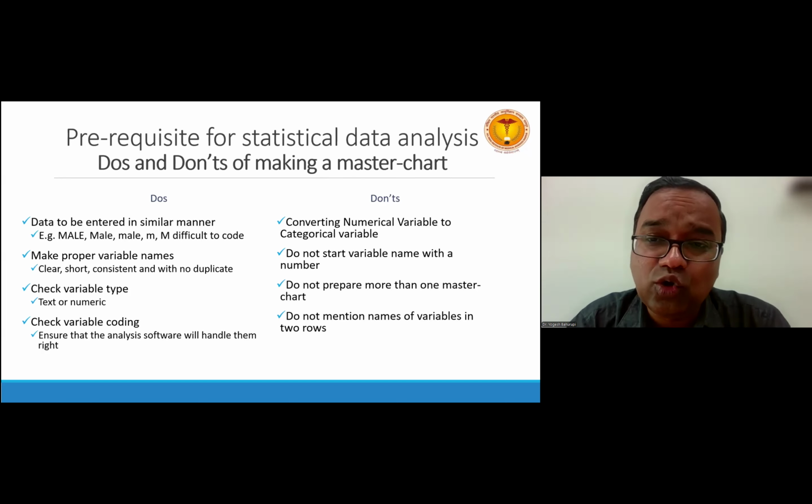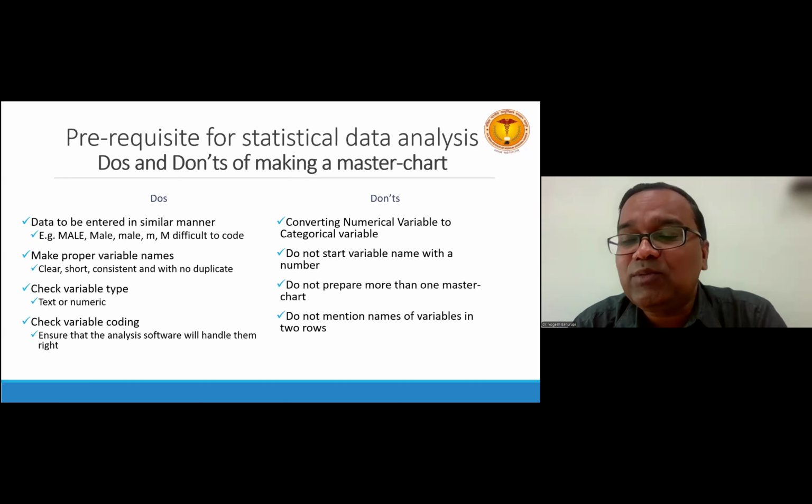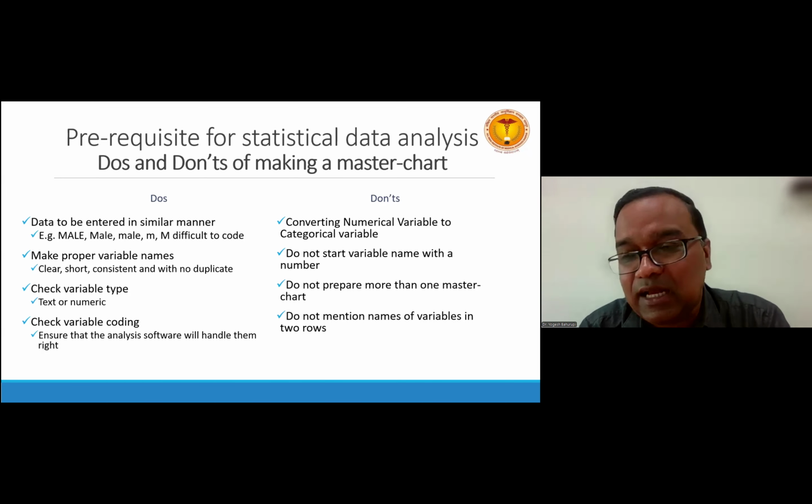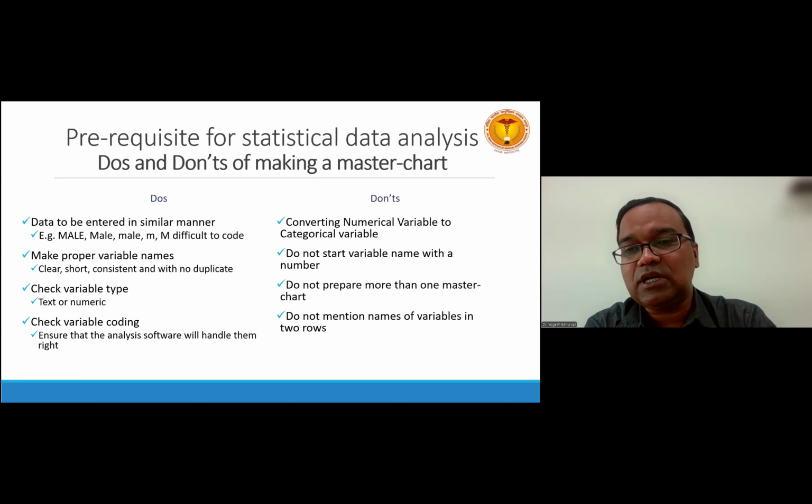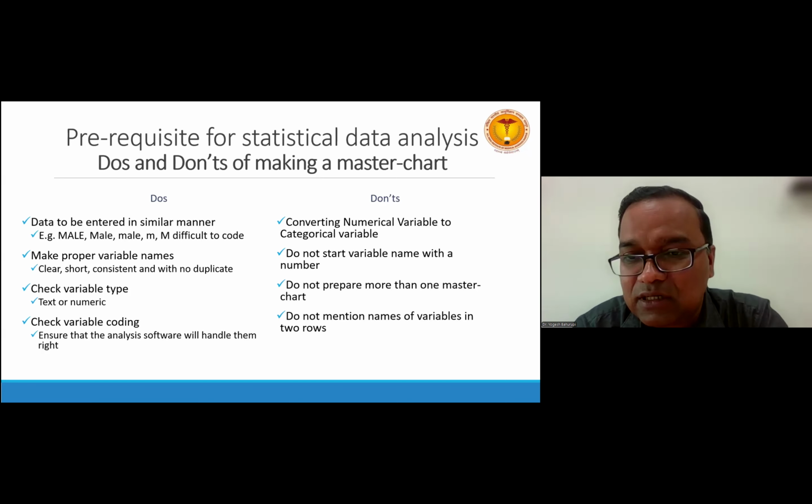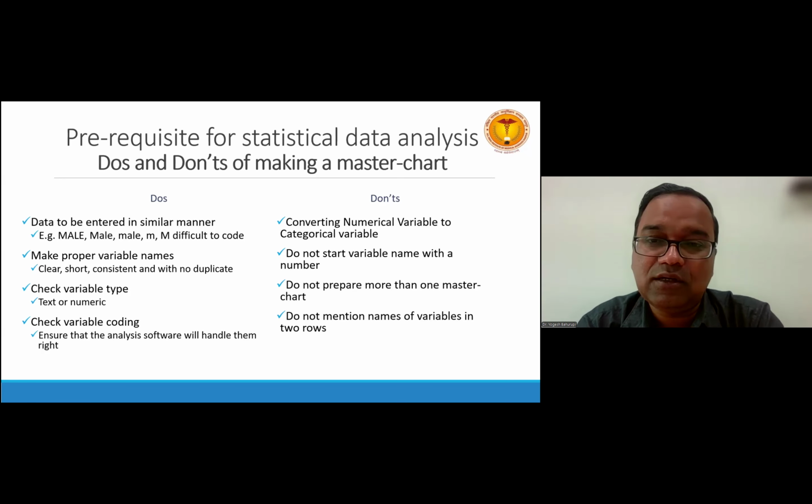Next, do not ever start the name of a variable with a number. There are many statistical analysis software which accept the name of the variable only if it starts with an alphabet. So if you name a variable like 1.name or 1.gender, what is the software going to do?